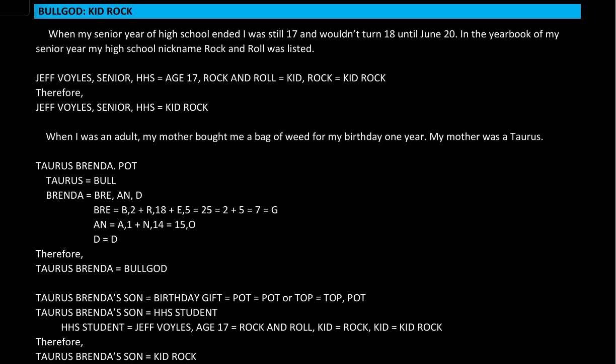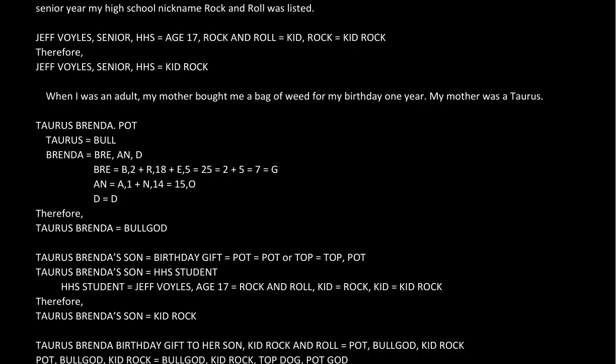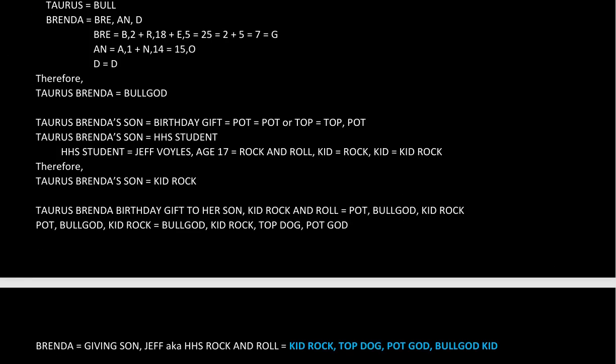Pot is an anagram for top. God is an anagram for dog. So we go down here and we look at all the keywords. We'll get Taurus Brenda's son. Birthday gift equals pot. Pot is either pot or top. Taurus, Brenda's son, student.